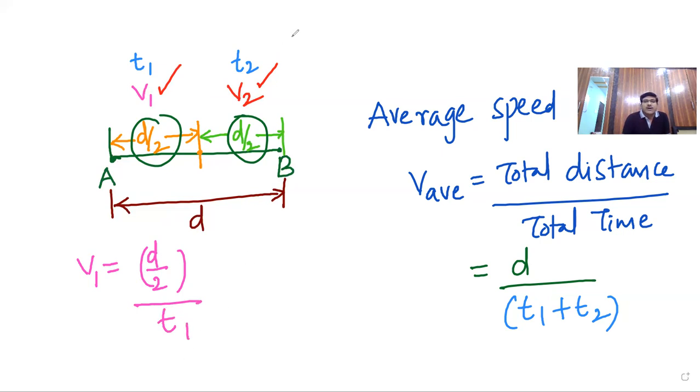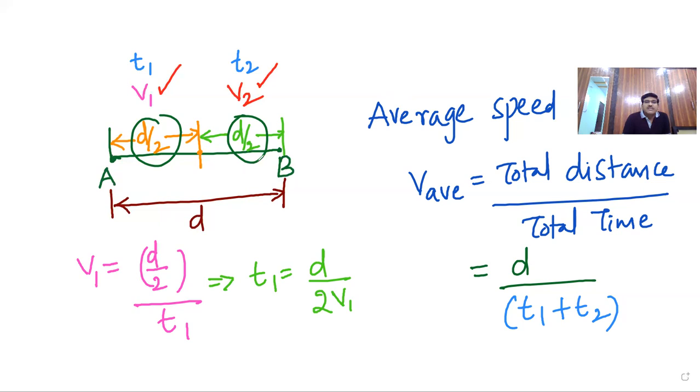Clear? Hence, T1 is equal to D by 2 divided by V1, that is, D by 2V1. Similarly, I apply the speed formula to the second part.